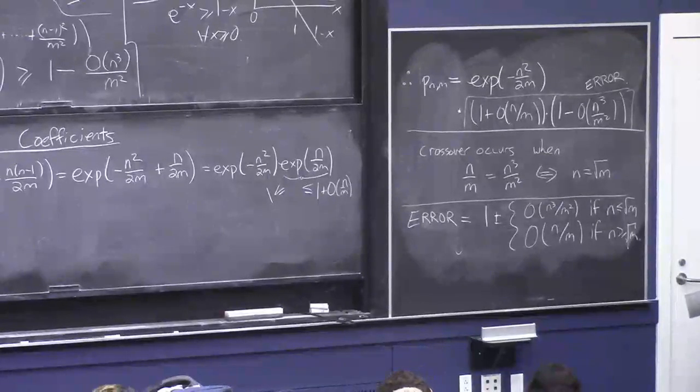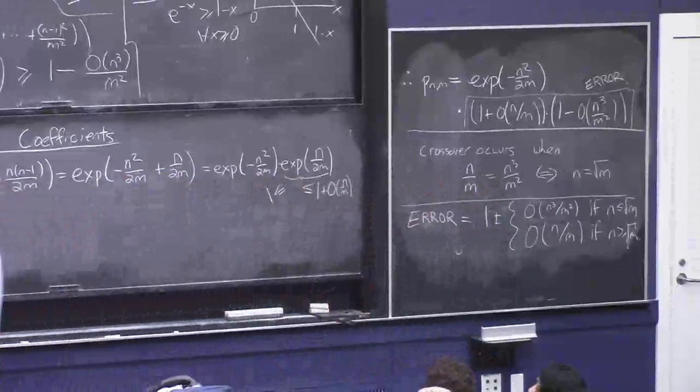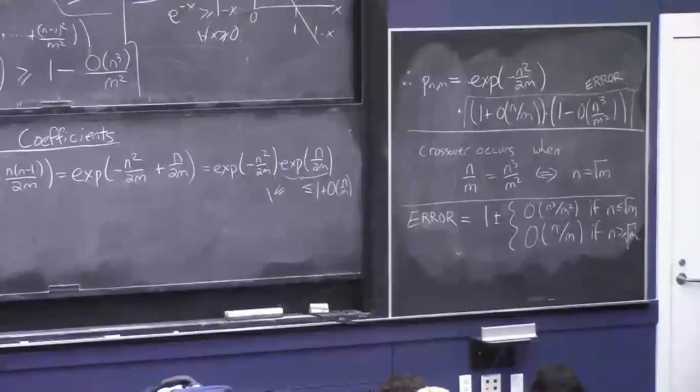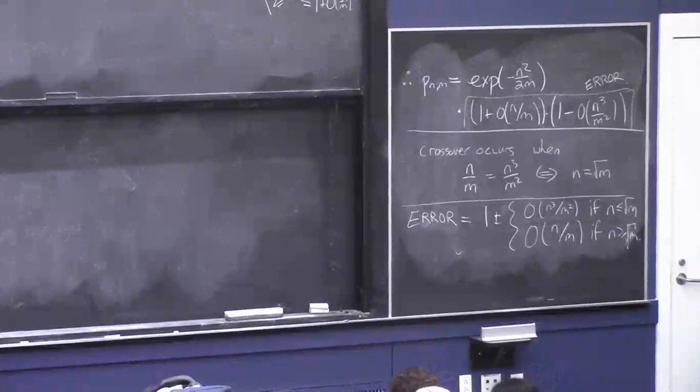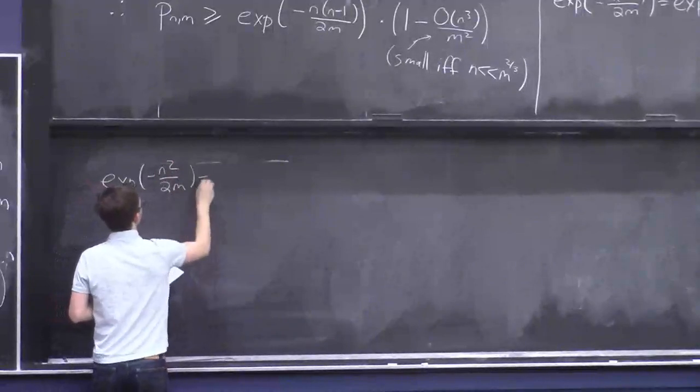And finally, remember last time we were interested in how big n should be as a function of m, such that this probability is right in the middle, around a half. Like it's neither really likely nor really unlikely to have collisions. It's like 50-50. Let me squeeze it onto this board. So we saw last time that e to the minus n squared over 2m equals a half.